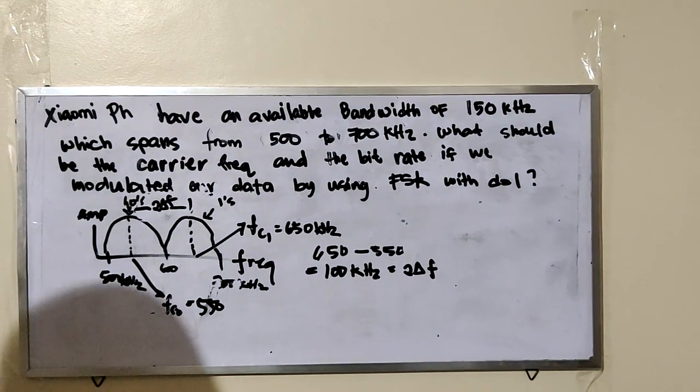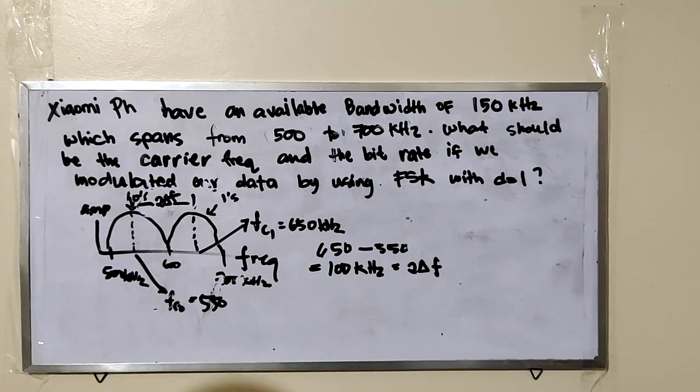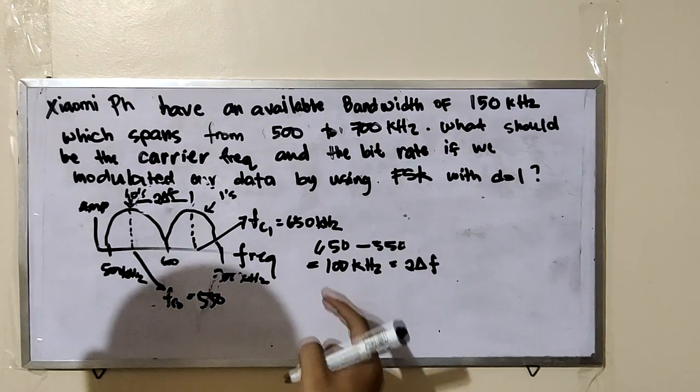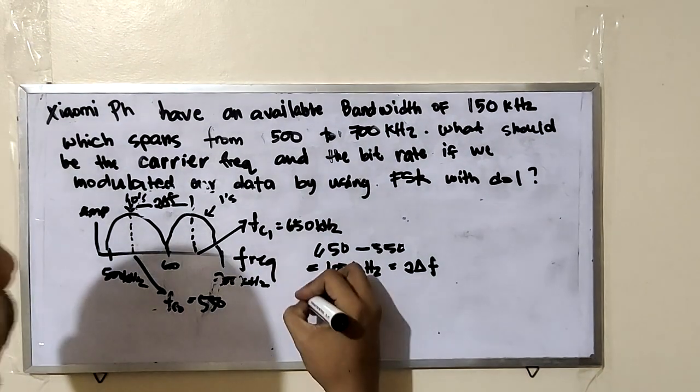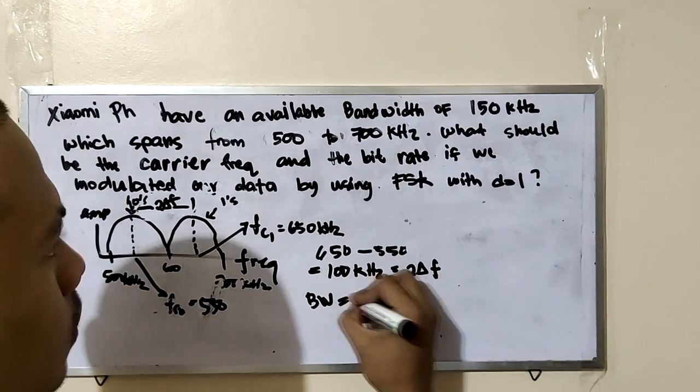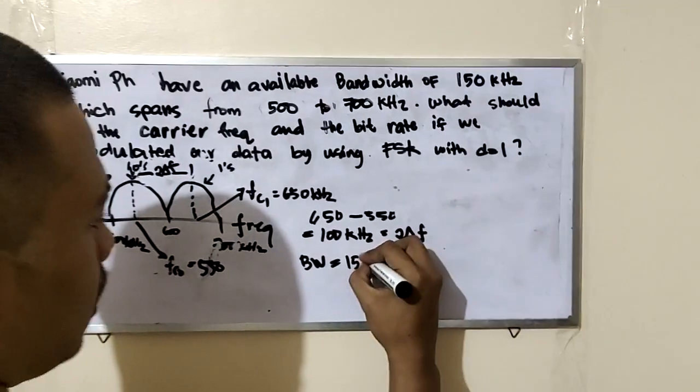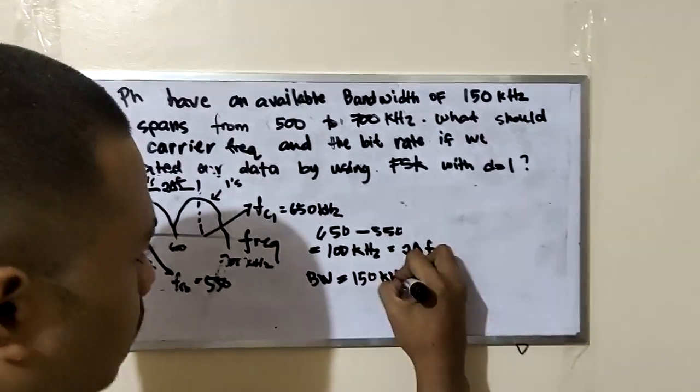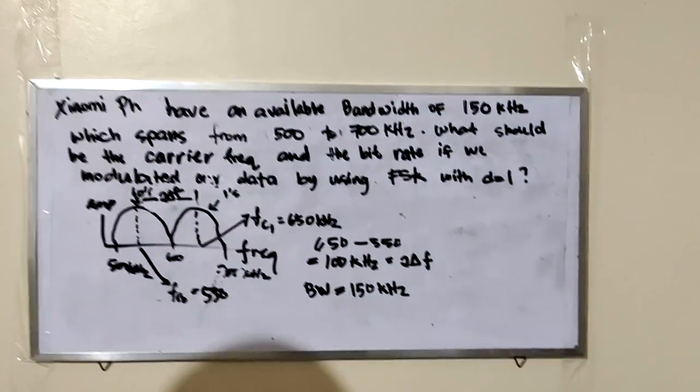So now we have 2 delta F, and we have a given bandwidth equal to 150 kilohertz.